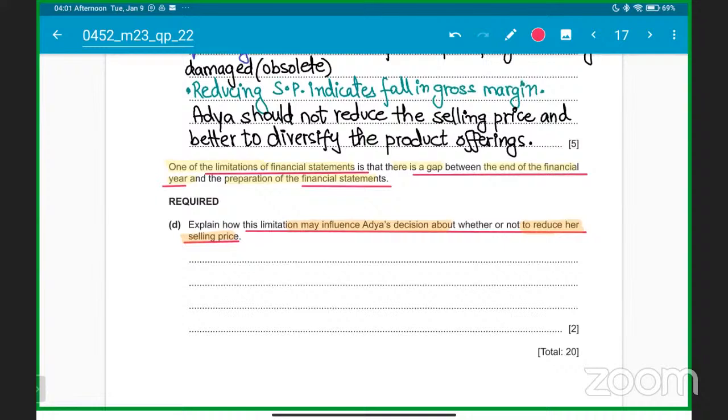So this limitation, Adia's decision will be influenced, as we see the adjustments are there. Adia's decision will be influenced based on the inventory levels available. It's important to understand that the inventory matters a lot to her at this stage.